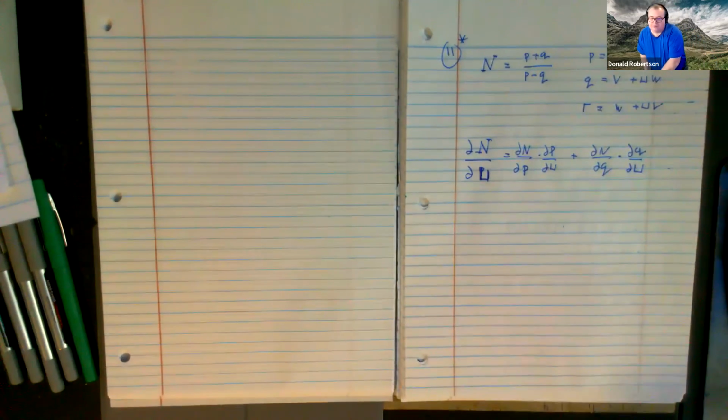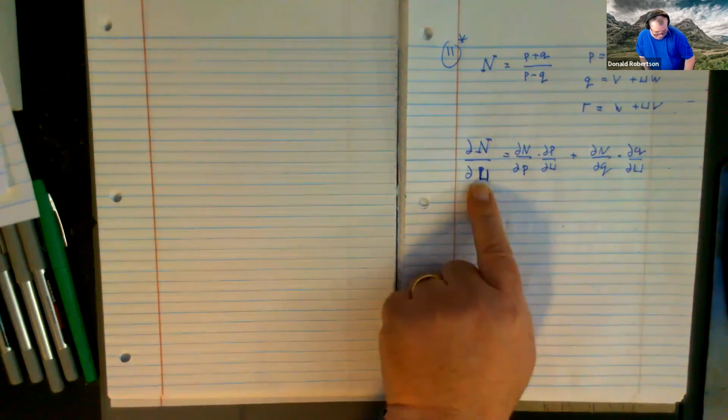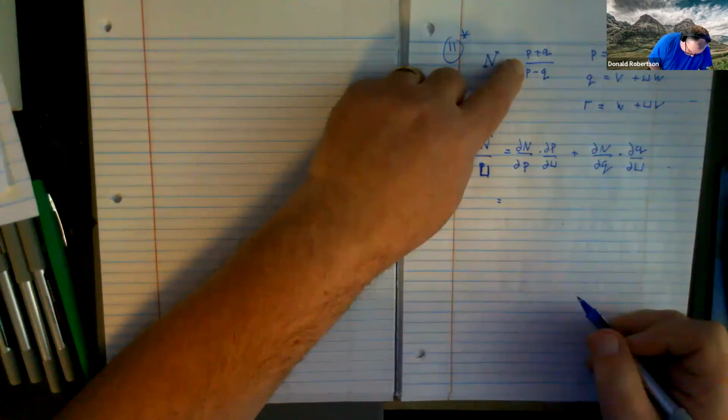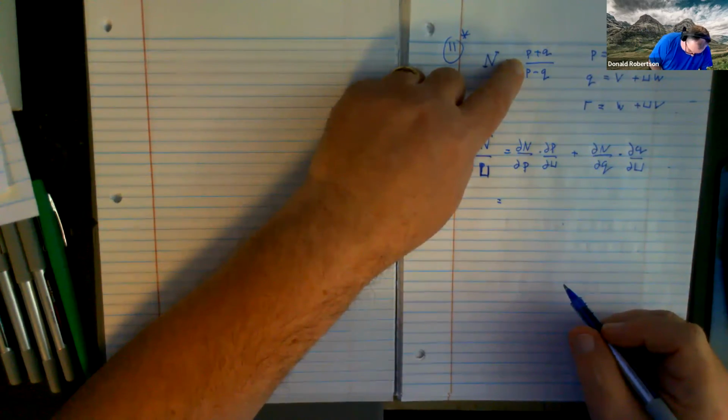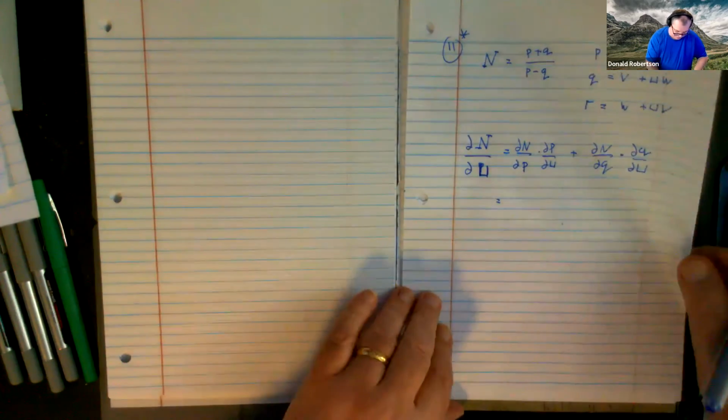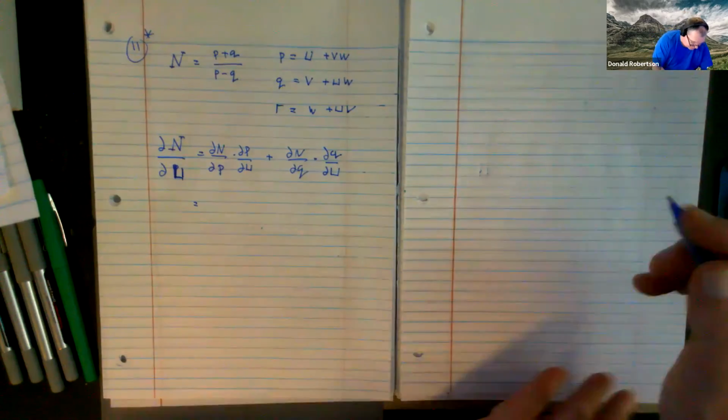So it's actually only got 2 terms to it. The first function is in terms of p and q, which is those 2. And we're only interested in the u variable from here. But I do have to do a partial derivative of a fraction, which is not going to be particularly clean. So let me do it over here.